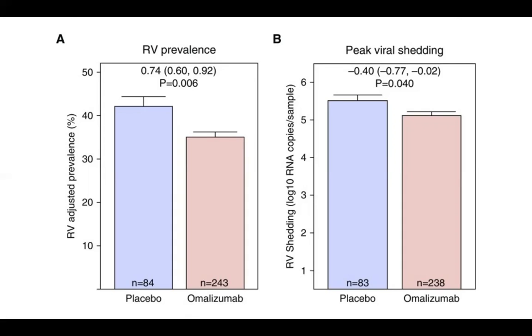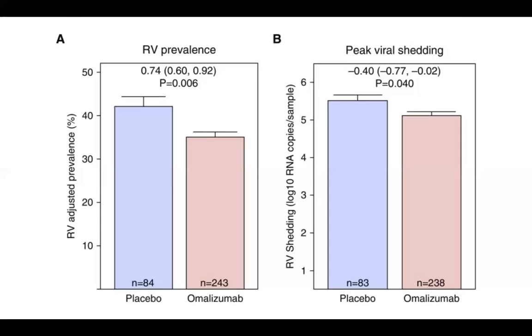So here in bar graph A, we see that omalizumab caused less viral prevalence, which just means, in my understanding of the study, whether or not the individuals had symptoms, the symptoms you think of when you think of the common cold.